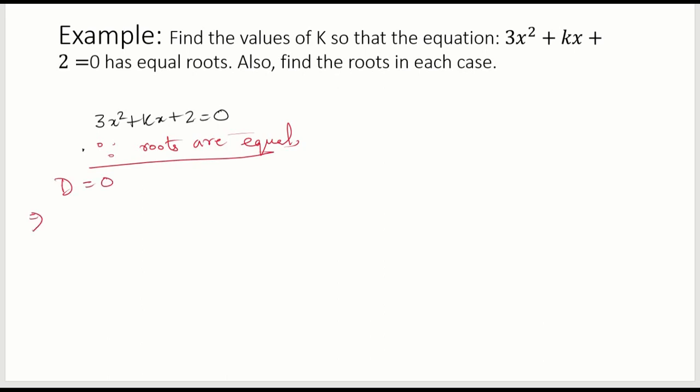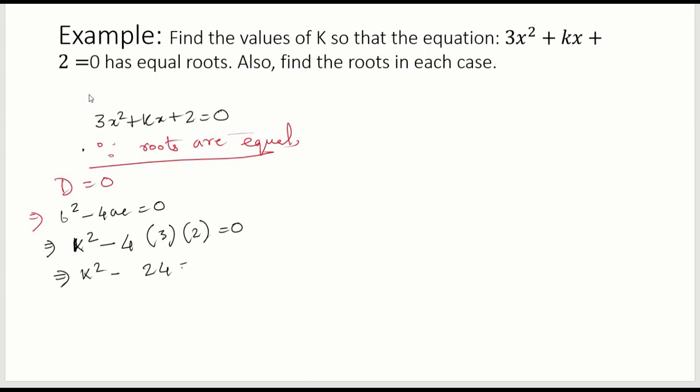So what is d here? D is the discriminant, which is b squared minus 4ac. What will be the b square in this case? B is the coefficient of x, so it is k here, so b square is k square, minus 4, a is 3 here, c is 2 here, this equals 0. So we get k square minus 24 equals 0.